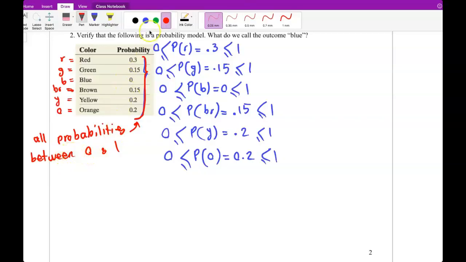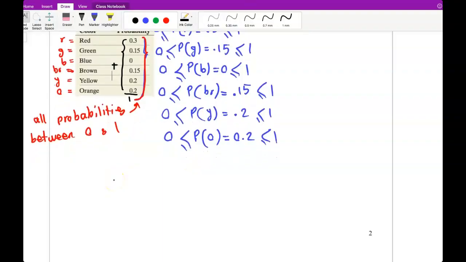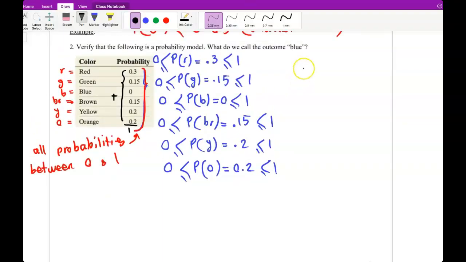And what is the second rule? We should add all these numbers and that should be equal to 1. And you try to add them. So this was the first rule.